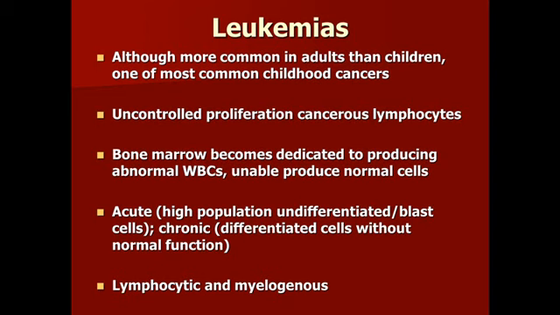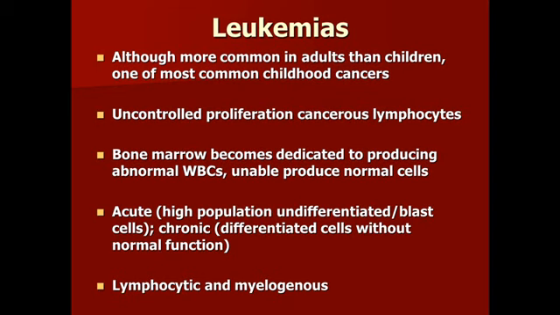And so what you'll also notice in many of the leukemias is not only do you see this abnormal proliferation of the leukemic cells or the cancerous lymphocytes, you also will see then a decrease in the red cells and in the platelets, because remember, the bone marrow has essentially been taken over by these abnormal proliferating lymphocytes.